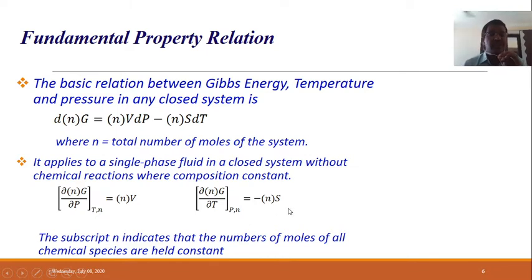Based on these equations you can calculate volume and then entropy. These are thermodynamic properties, but this is for a constant composition, closed system. The subscript n is the total number of moles of all chemical species present in that system, which is kept constant here.